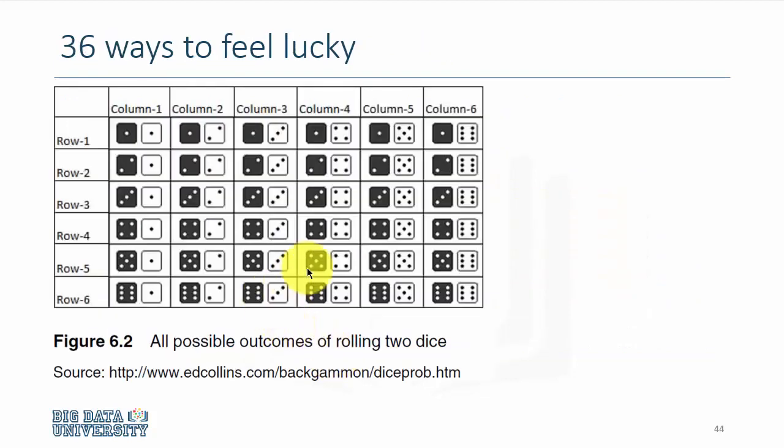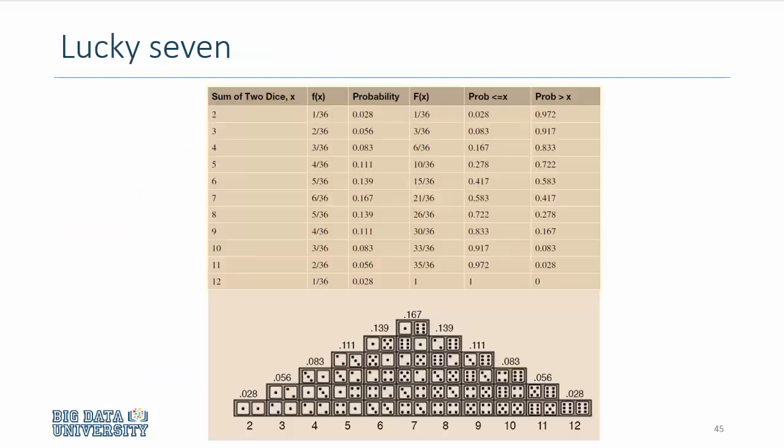So here we have 2 dice, 1 black and 1 white, and if you were to look at the possibility of getting 1 on black and 2 on white, that's one outcome. So that's 1 plus 2 is 3. Or you can have 2 on black and 1 on white. That's 2 plus 1, 3 again. So there are 2 ways of getting 3 by rolling 2 dice. So the probability is 2 out of 36 possible outcomes that are mapped out here.